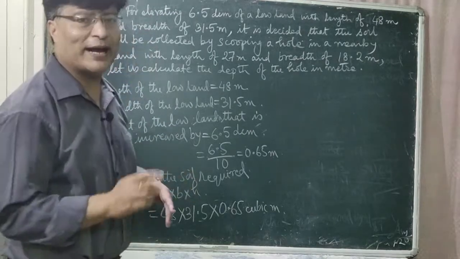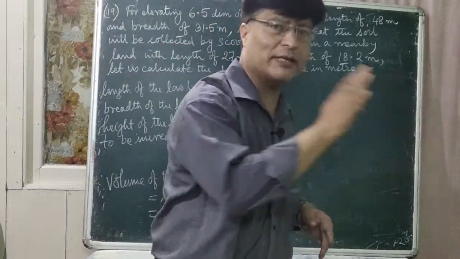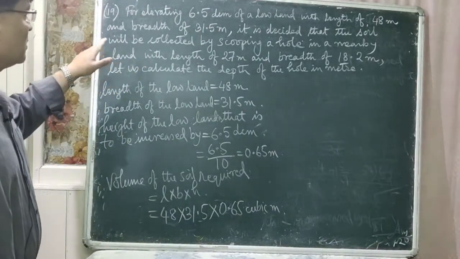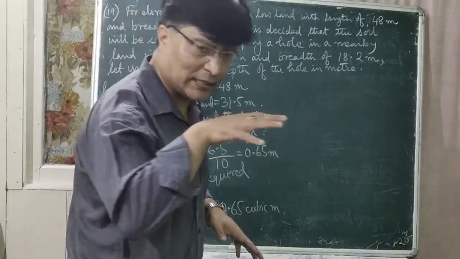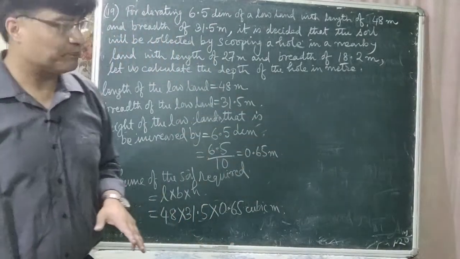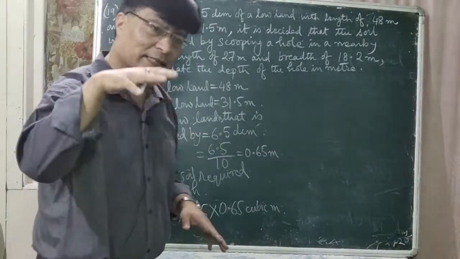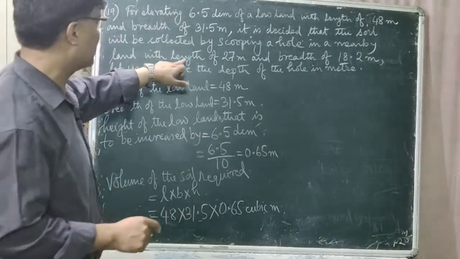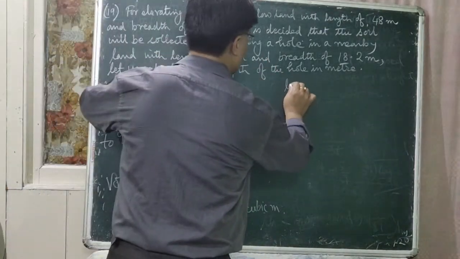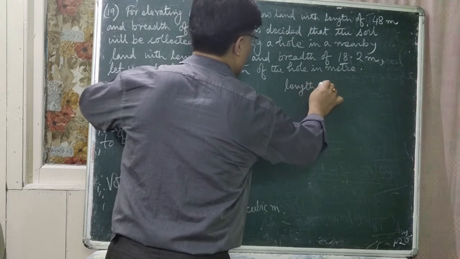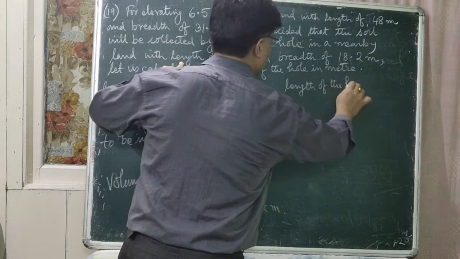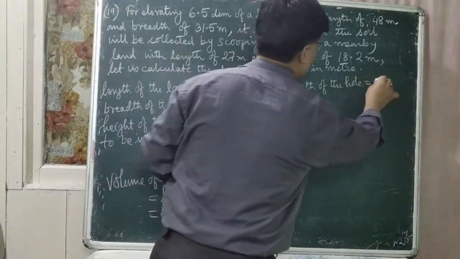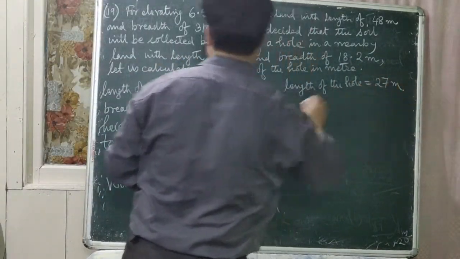भयो त यति माटो चाहियो। त्यो माटो कहाँबाट निकालिन्छ? छेउको ल्यान्डबाट निकालिन्छ। अब माटो निकाल्दाखेरि त्यहाँ होल बनाउनै पर्छ हैन त? त्यो होलको लेन्थ कति भन्दैछ यहाँ क्वेश्चनले? So length of the hole, what is the length of the hole here? 27 meter, right?